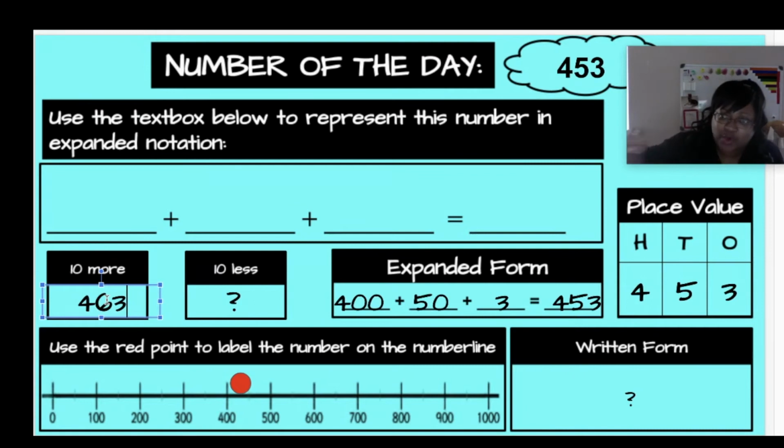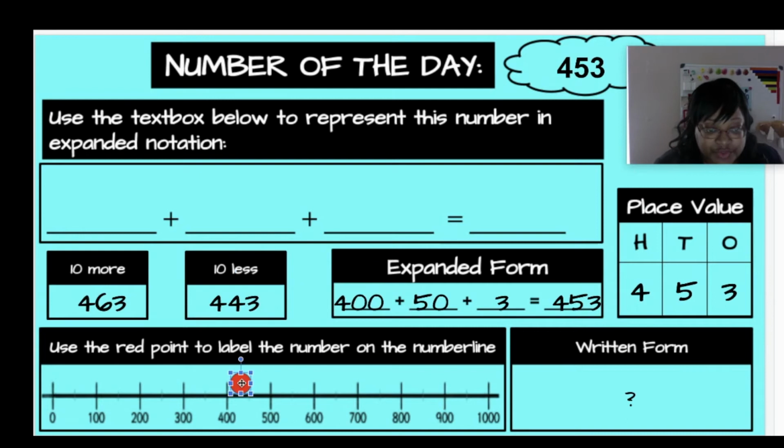Well, what if I take away? What's 10 less than the number of the day? What is 10 less than 50? What multiple of 10 comes before 50? If you said 40, you're right. So it's 400 plus 40 plus 3, or 443. Excellent.